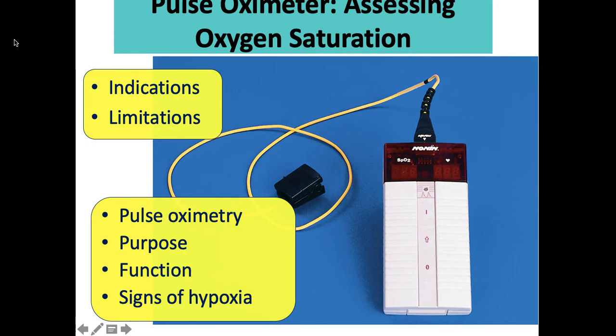The average person, probably about 95 to 97% of their red blood cells are occupied, the receptor sites anyway. So a normal pulse oximetry reading on an average healthy person, somewhere between 95 to 98%, is pretty normal. 100% is not normal. And of course, anything below 94% is considered to be abnormal as well for the average person anyway.